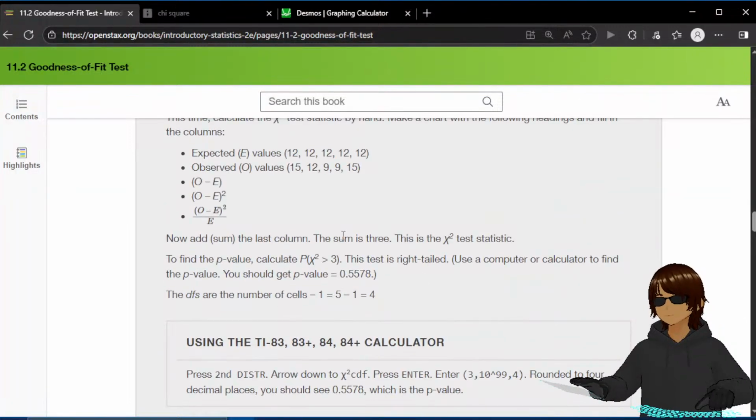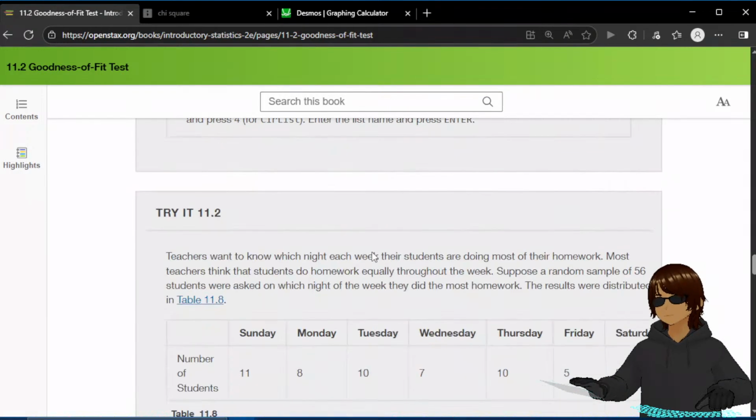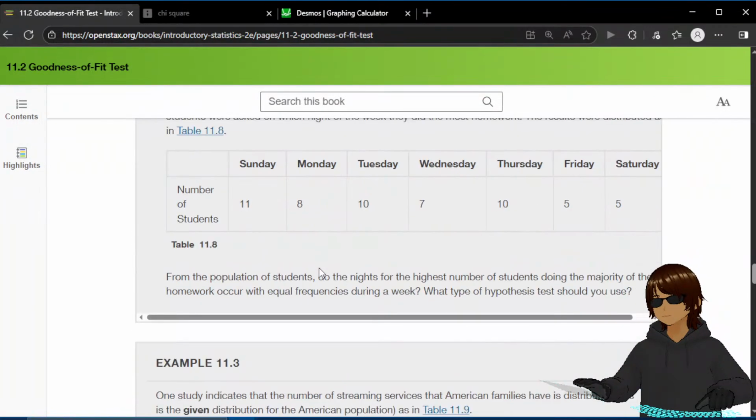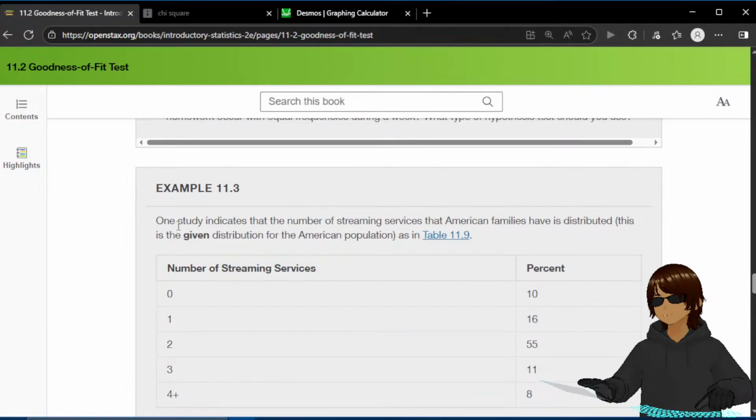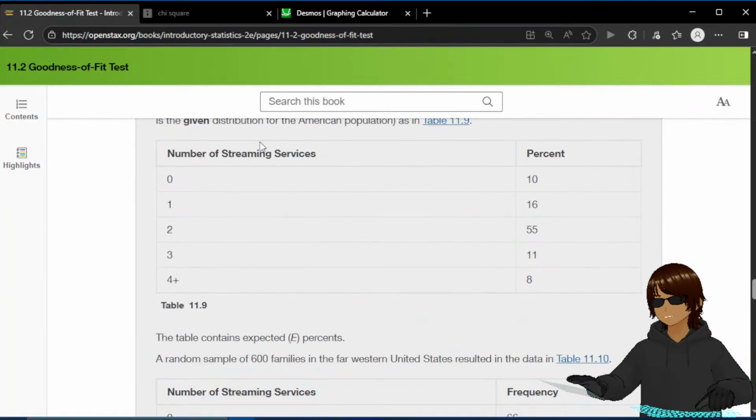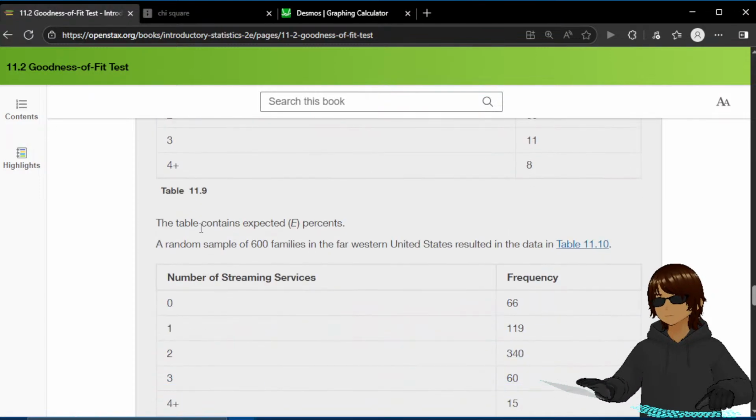Okay, so the purpose of chi-square is to test whether our expected theoretical values match the given values. One study indicates that the number of streaming services that American families have is distributed as this table: 10, 16, 55, 11, 8.